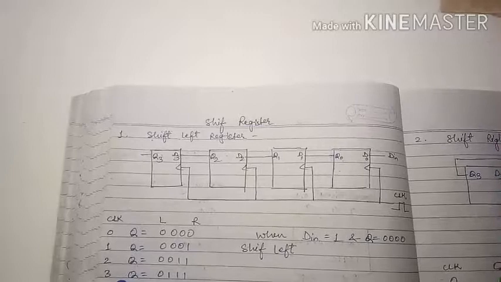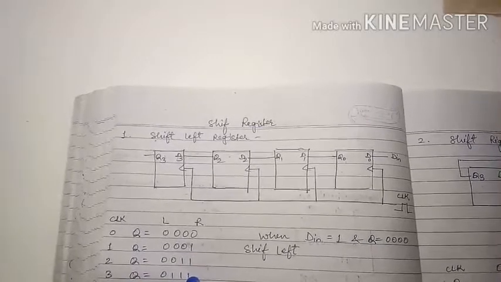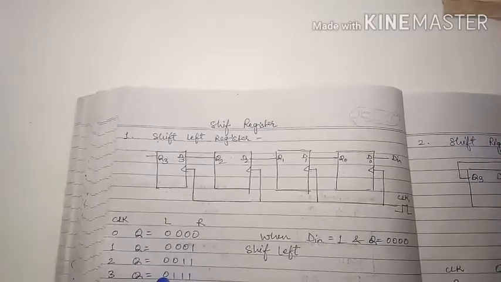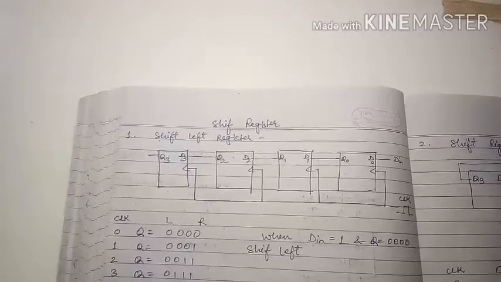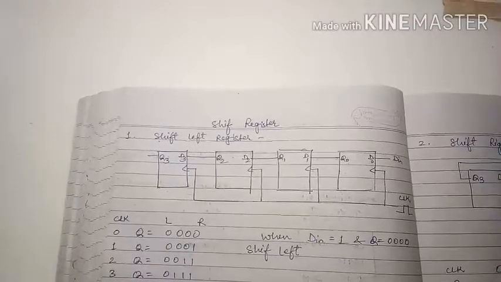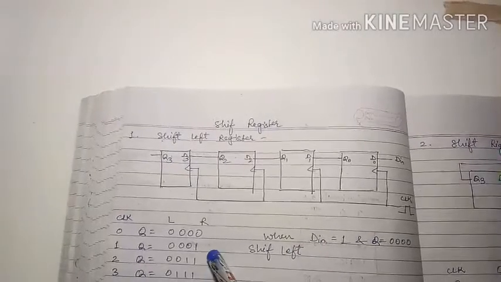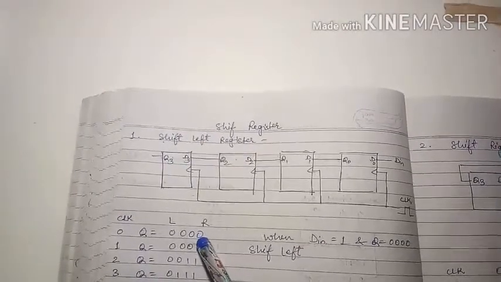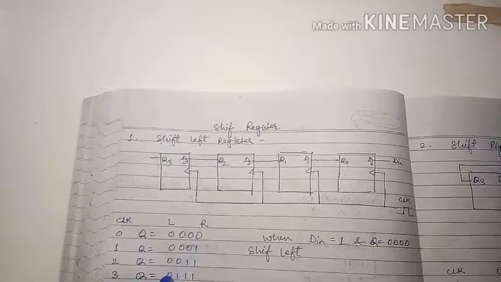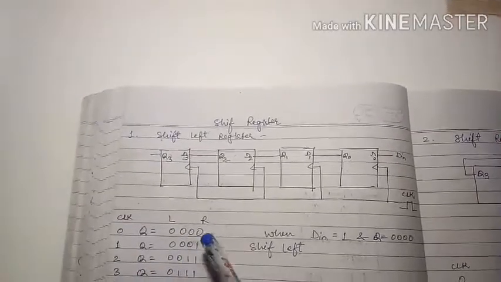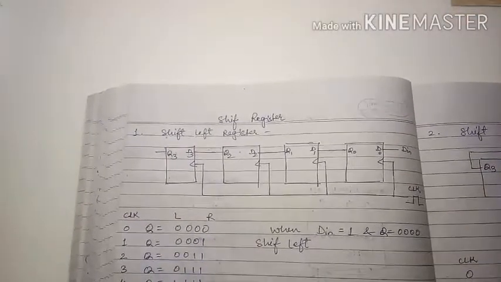Similarly, with the third clock pulse the output becomes 0 1 1 1, and after the fourth clock pulse we get the data as 1 1 1 1. So you can see that the data is getting shifted towards the left. This is called the shift left operation.